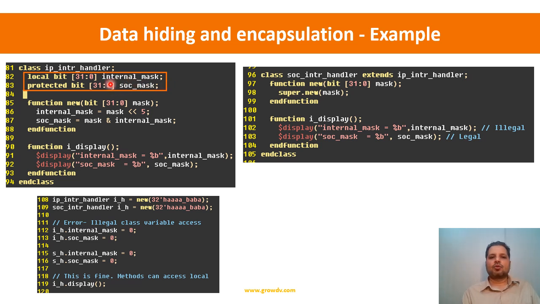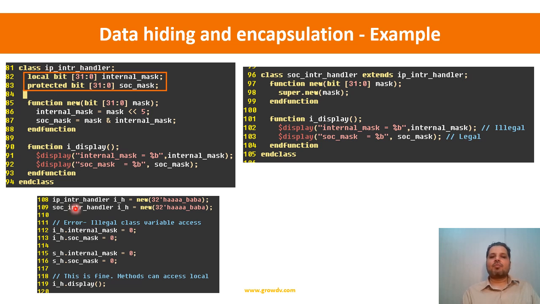So these are the two variables that I've declared in the IP interrupt handler, and then in my constructor I'm taking some mask, then internal mask, I'm doing some operation and storing it, and SOC mask, again I'm doing some operation between the mask and the internal mask, and storing it in SOC mask. I have an iDisplay function where I'm trying to display both the local as well as the protected values through the base class.